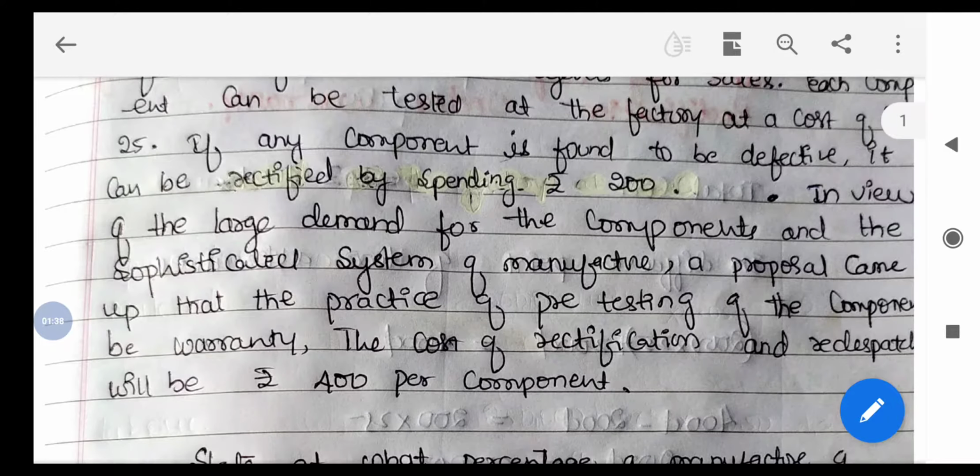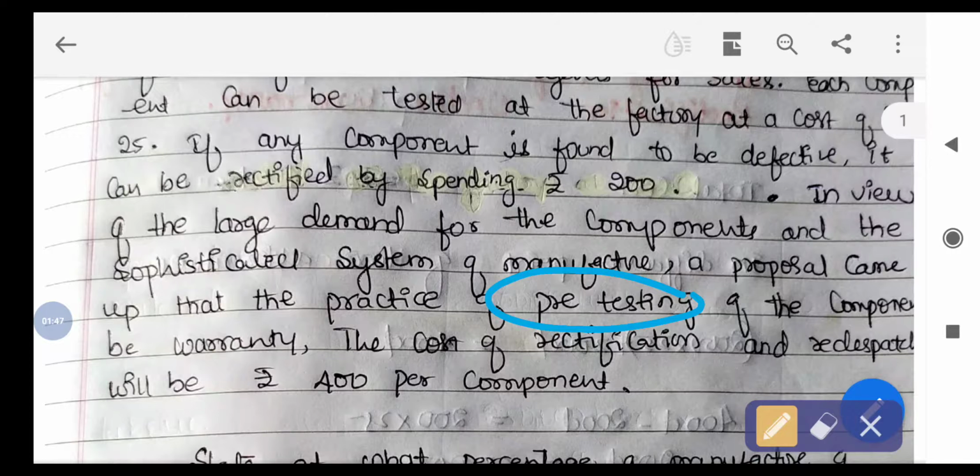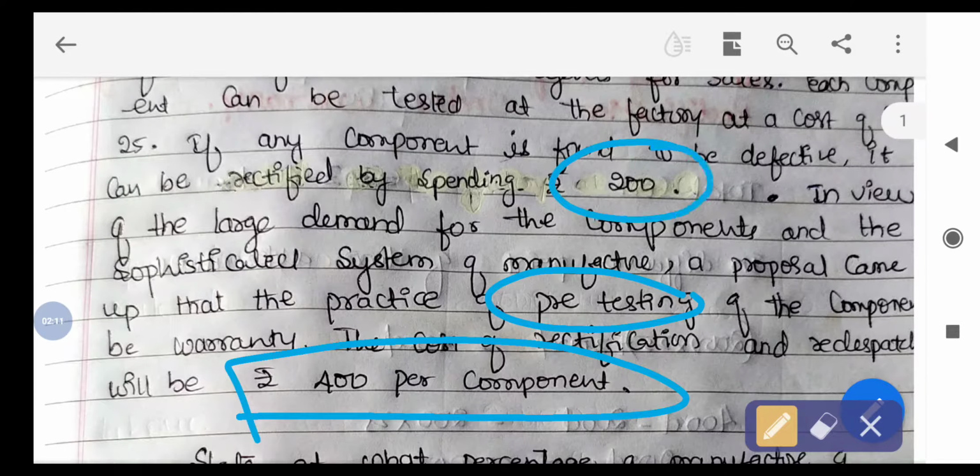If they are not doing the pre-testing and sell the products as they are, and after selling any complaints come or it is returned by the agents or sellers, the cost to rectify will be 400. Before selling, if they find any defectiveness, the cost will be 200. After selling, it will be 400. We can say it is double.